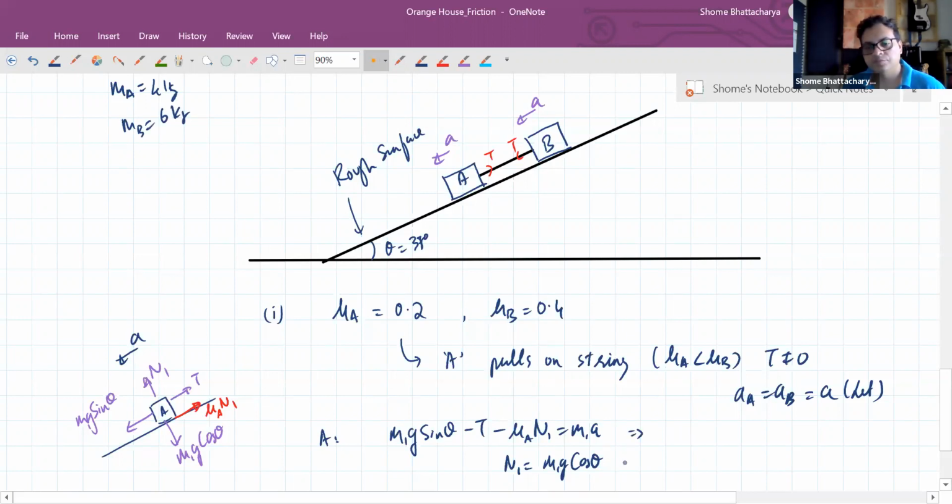So this will become 24 minus T minus 0.2 into 32 is equal to 4A.